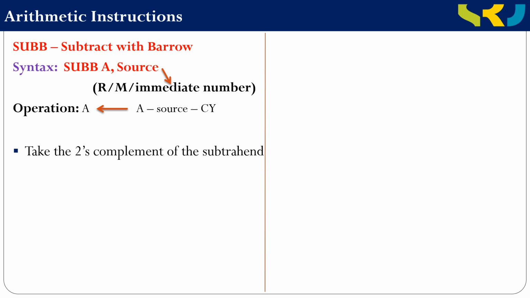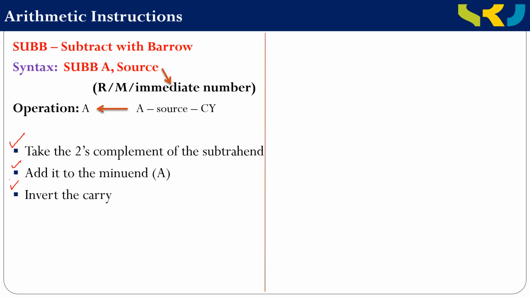The first step is to take the 2's complement of the subtrahend, then add it to the minuend, and then invert the carry. So these are the 3 steps we need to follow when using subtraction by the 2's complement addition method.